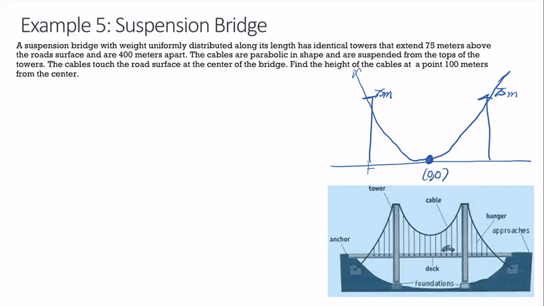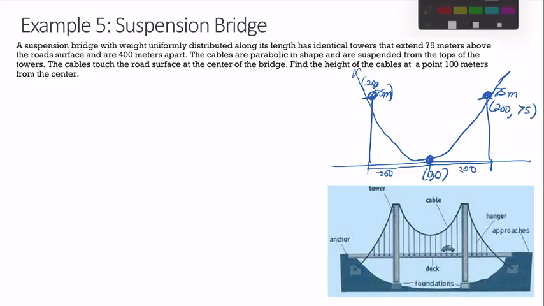And these are 400 meters apart. So we'll let this be 200 meters. And this is also 200 meters, but we'll let it be negative 200. So I've got negative 200, 75. And the point on this side would be 200, 75.